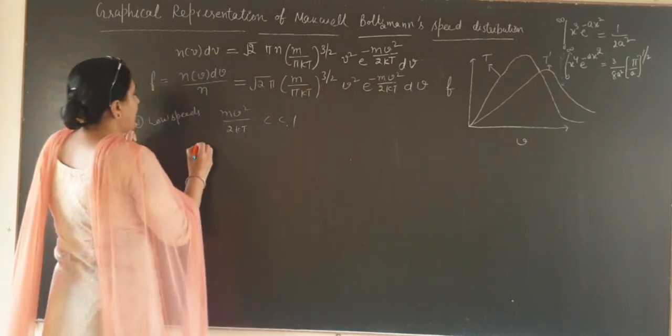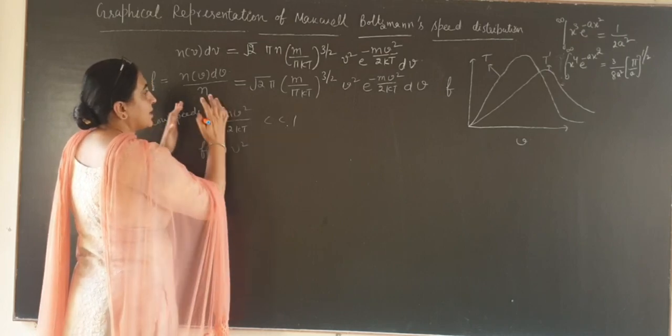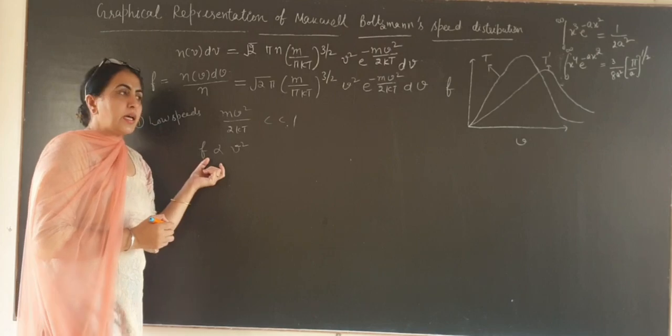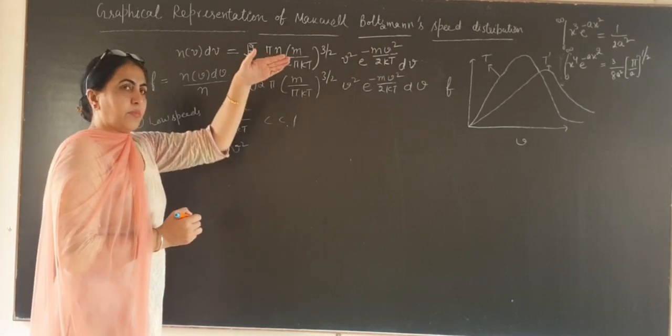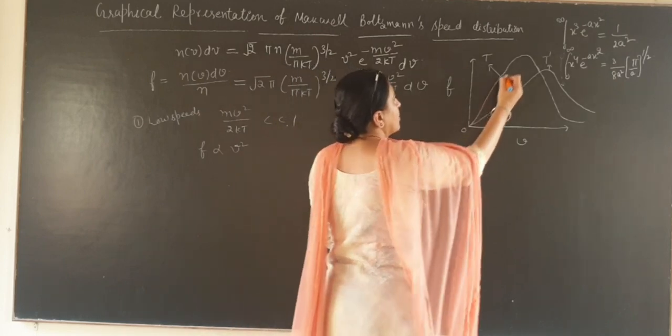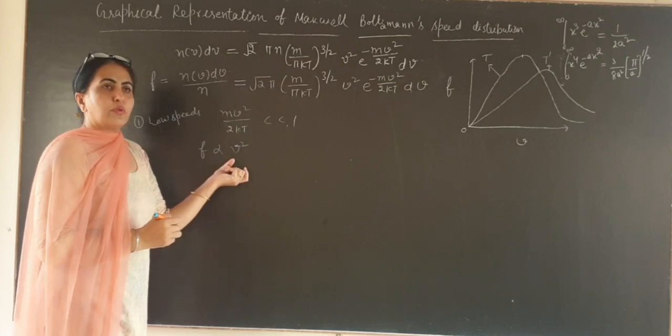So f is directly proportional to v square, if we take the other terms as constant. Clear? So the curve is like a parabolic curve, increasing from 0 up to this point. This is at lower velocities, when f is directly proportional to v square.